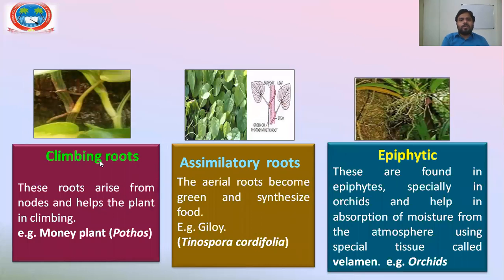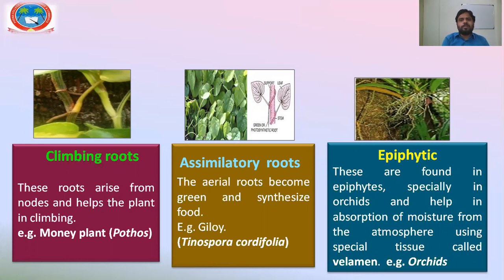Now we talk about the climbing root. As the name indicates, these roots are responsible for climbing by attaching to the substratum. Generally it occurs in plants with a climber habit.